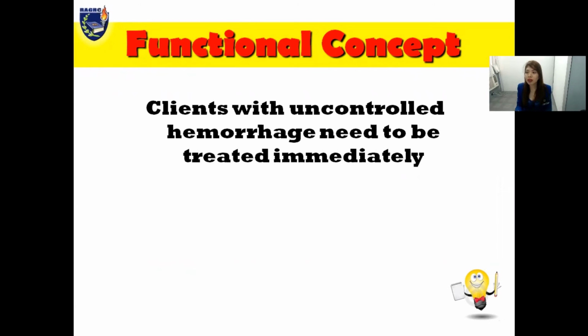Why? Because this can lead to shock, and shock is always your priority because that is a very life-threatening condition. So, uncontrolled hemorrhage can lead to what? Circulatory collapse, which can lead to shock. Therefore, these clients need to be treated immediately.